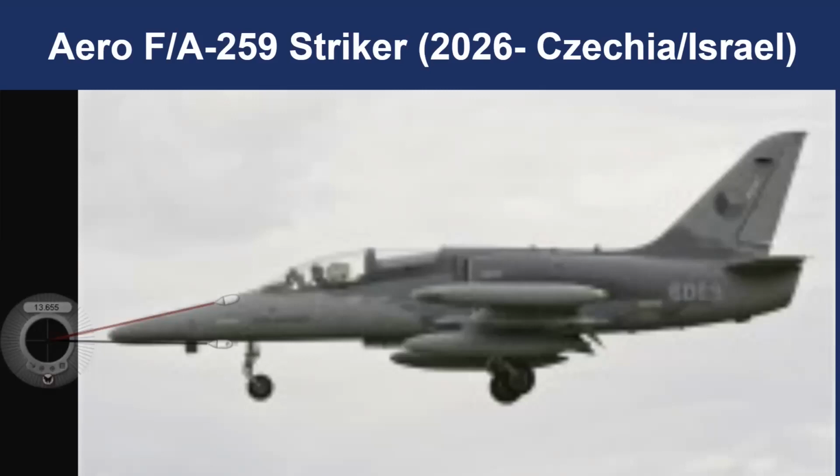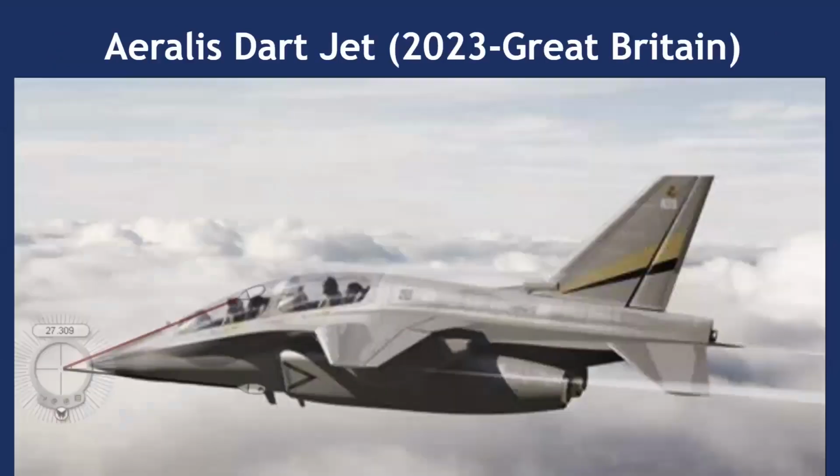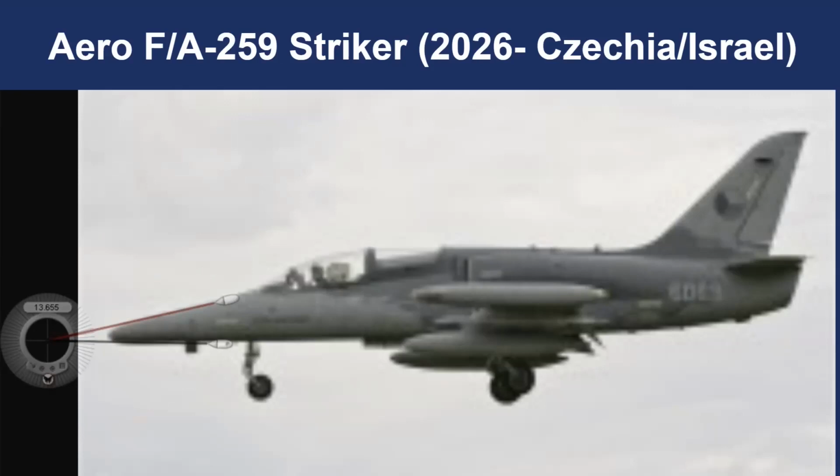You'll see that in many of these examples the aircraft nose actually corresponds to half of that 27.309 degree angle, or 13.655. And I wanted to show you quickly why that is the case.